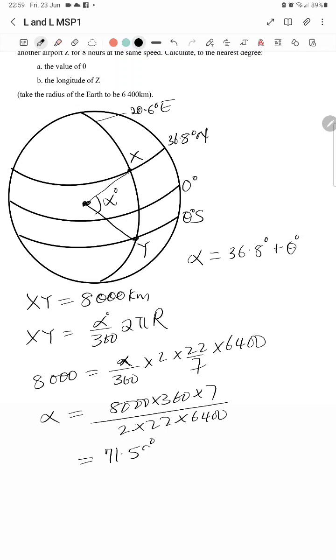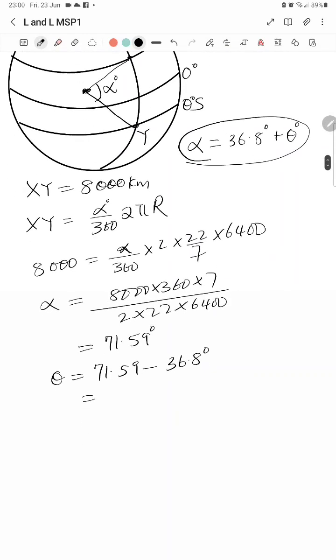71.59 degrees. So we come back here. Our theta will then be 71.59 minus 36.8 degrees.